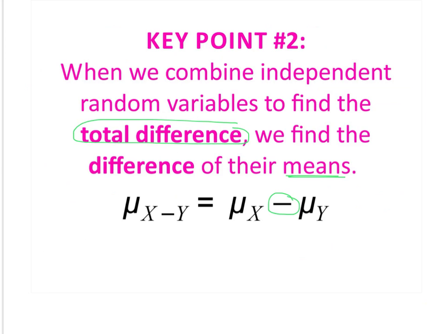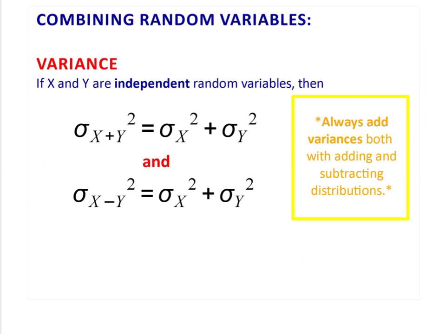Standard deviations and variance are a little bit different. So if I go to combining the variances now, and we're given that same prompt, x and y are independent random variables, then adding them or finding the total sum means that I add my variances together. So I add the variance of x plus the variance of y.